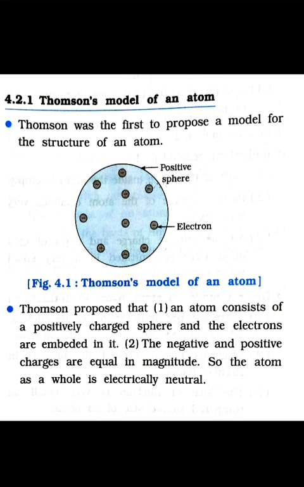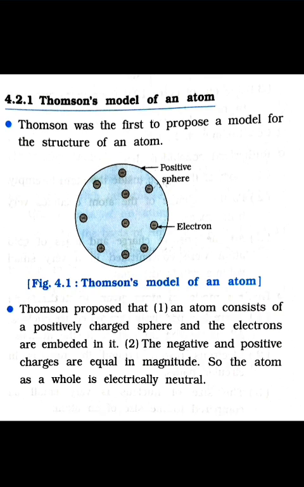Another comparison that we can make is with a watermelon. The positive charge in the atom is spread all over like the red edible part of the watermelon, and the electrons are studded in the positively charged sphere like the seeds that we find in the watermelon.